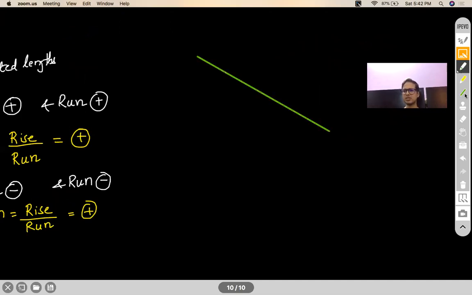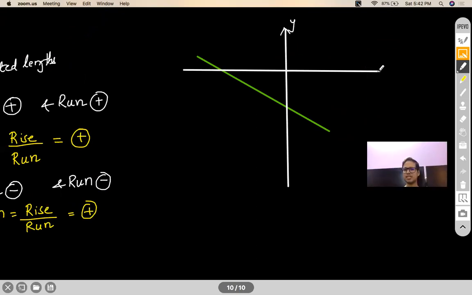So let's say this is your coordinate axis. Let me draw it in a different color. Let's say this is my coordinate axis, and I have a line which is oriented like this, as shown to you in green. If I move between any 2 points, let's say from point A to point B, remember your rise here will be positive, but your run will be negative, correct?